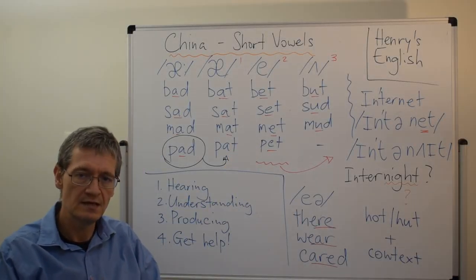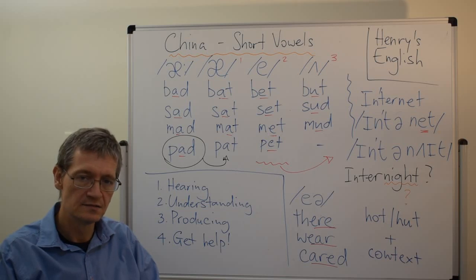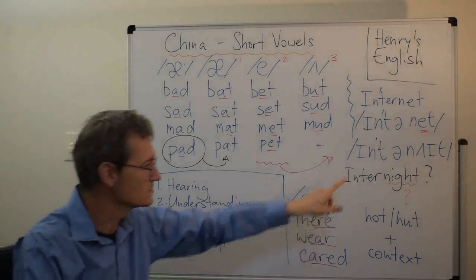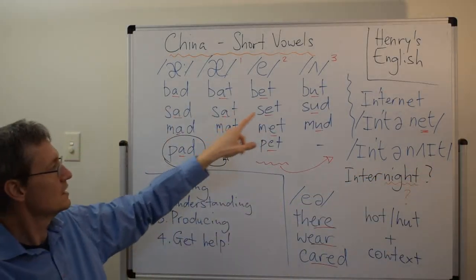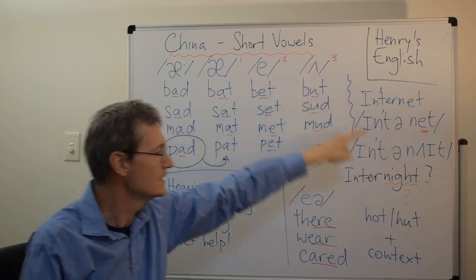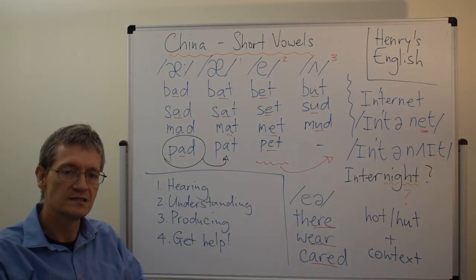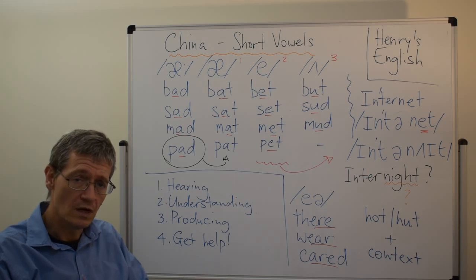It's internet. However, I often hear students pronounce this word internate. And to me, that sounds like this, nate. It sounds like an A and I together, ate. So I'm going to say this a few times so that you can hear the one word and the other word.